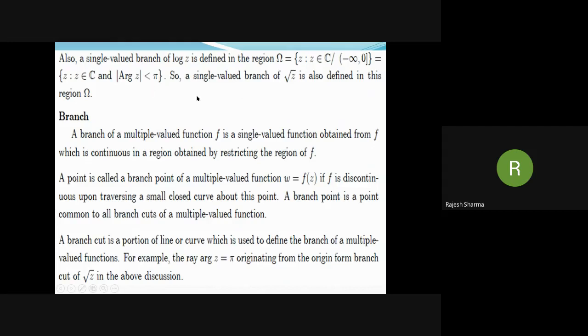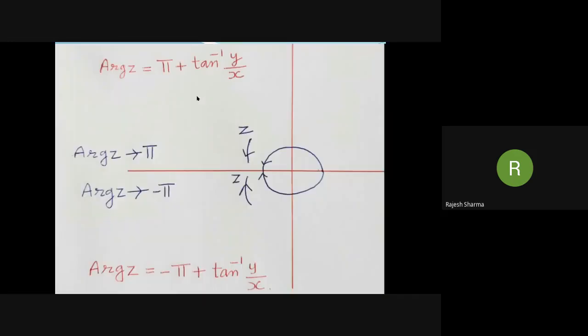So from this argument, it also follows that we can choose a single valued branch of root z in the region Ω. Also note here that the imaginary part of log z is the argument of z, and when we go from here, the third quadrant, along this line, the argument of z is minus π, because here the argument of z is minus π plus tan⁻¹(y/x), and here the argument of z is π plus tan⁻¹(y/x), and when we go from this direction we get the value π.